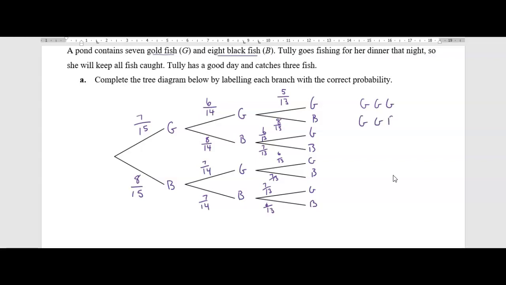She can have 2 goldfish and then 1 blackfish, so G, G, B, G, B, G, G, B, B, B, G, G, B, B, G, B, B, B, G, and then B, B, B. Now, we should have the same number of outcomes as the last one. So 2, 4, 6, 8, 2, 4, 6, 8. So I didn't miss any.